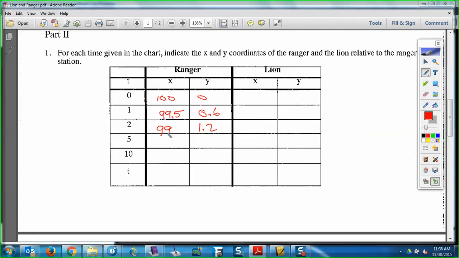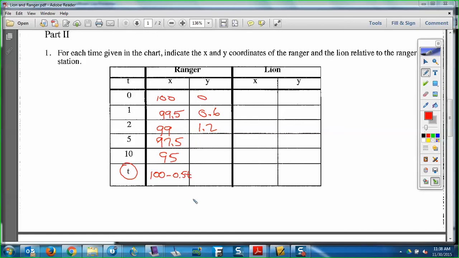You notice that the X column, every time T increases, it goes back, subtracts 0.5. So this would be 100 minus what, 2.5? So that'd be 97.5, and this would be 95, and all of a sudden you say, hey, there'd be an equation for that. It's 100 minus 0.5 times whatever T is.